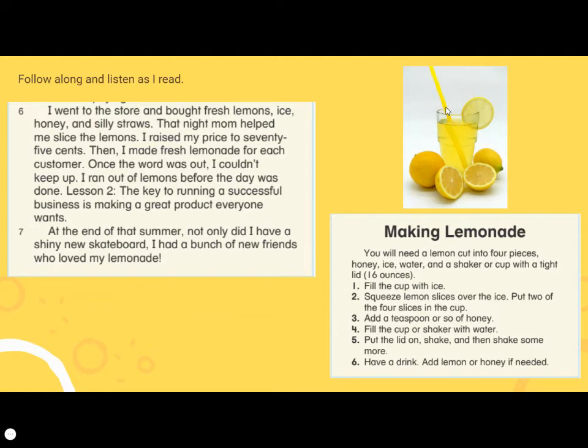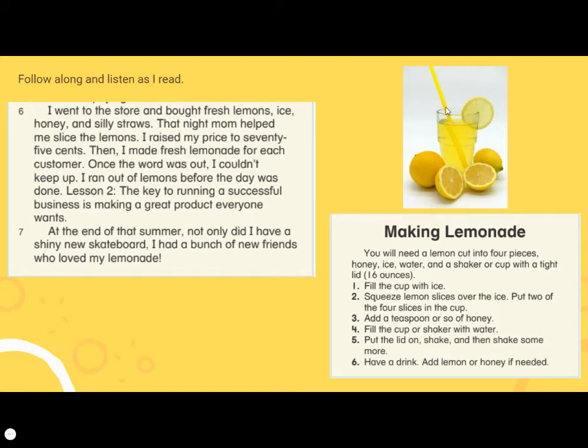Making lemonade. You will need a lemon cut into 4 pieces, honey, ice, water, and a shaker or cup with a tight lid, 16 ounces. 1. Fill the cup with ice. 2. Squeeze lemon slices over the ice. Put 2 of the 4 slices in the cup. 3.